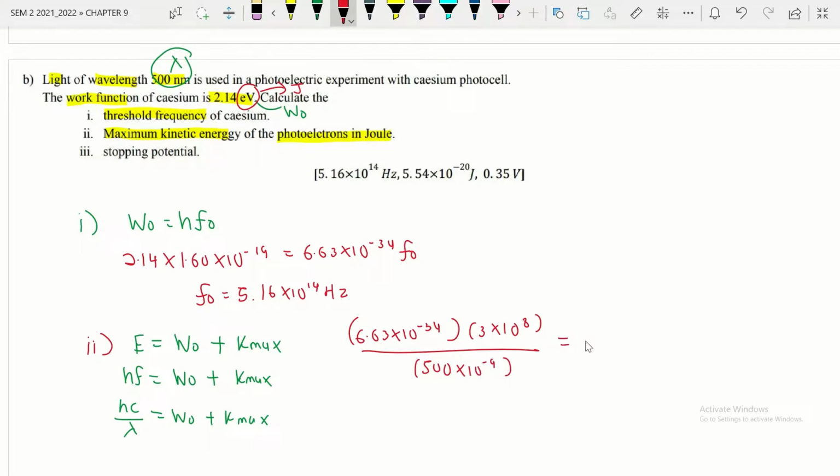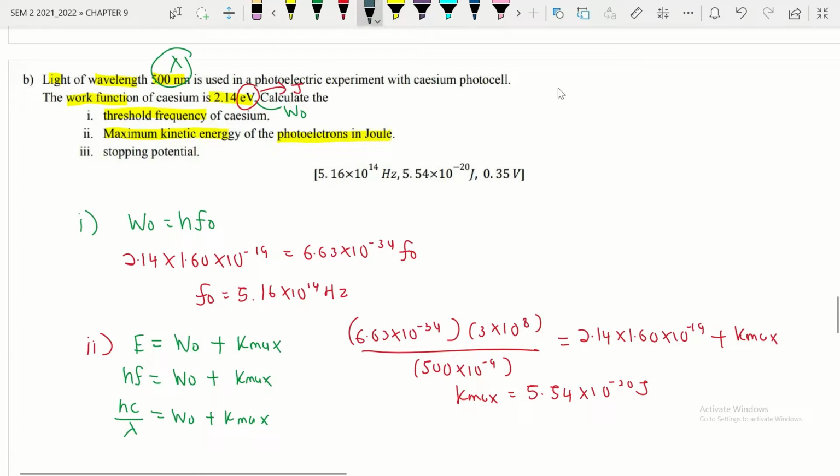And our work function, work function kita dah tahu 2.14 electron volt, tapi kena tukar kepada joule, and then tambah dengan maximum kinetic energy. So, tekan calculator, rearrange the equation, tekan calculator, awak akan dapat maximum kinetic energy 5.54 times 10 to power of negative 20 joule.